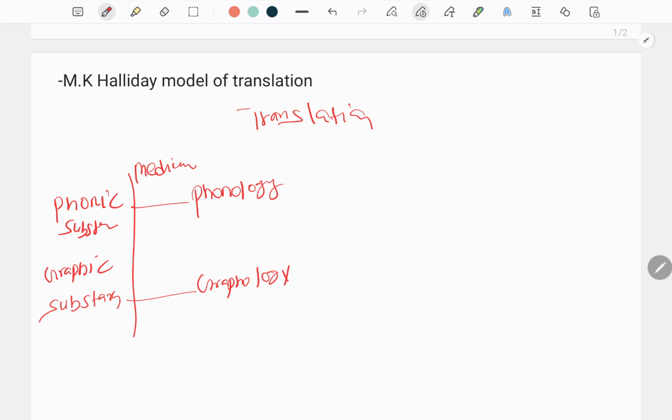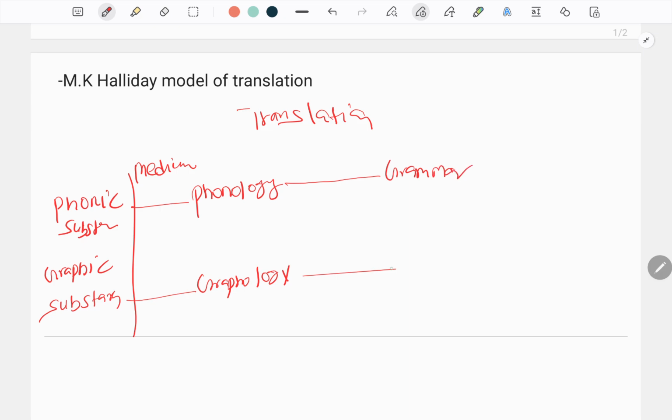In phonology we have phonemes, while in graphic substance we have writing systems or the visual things.